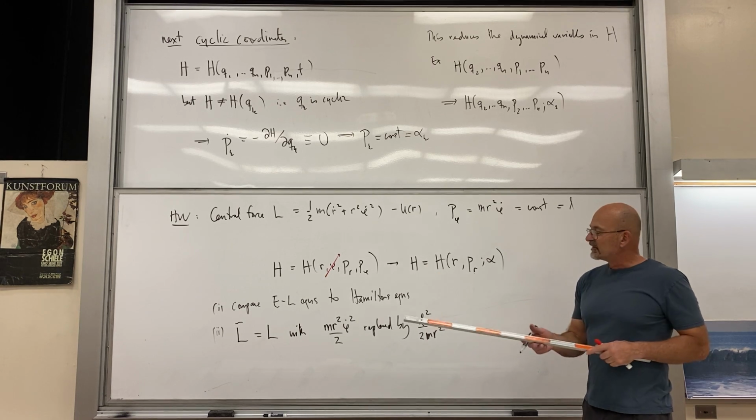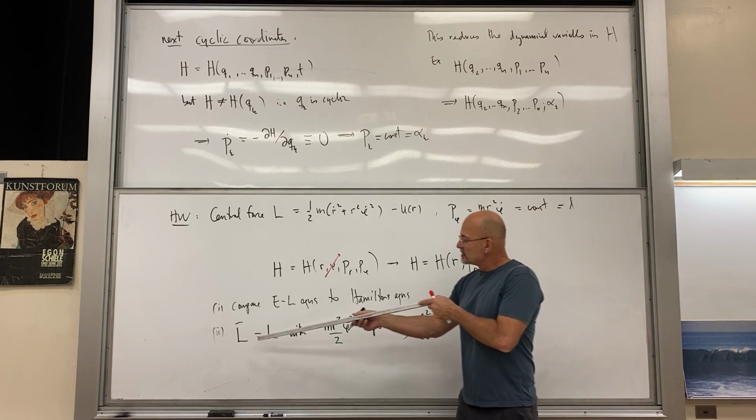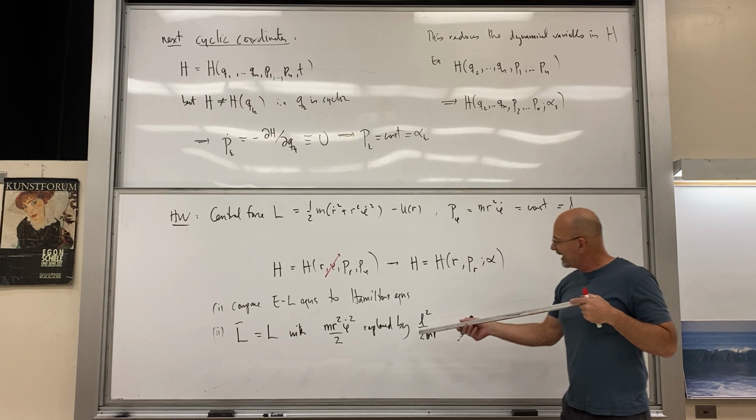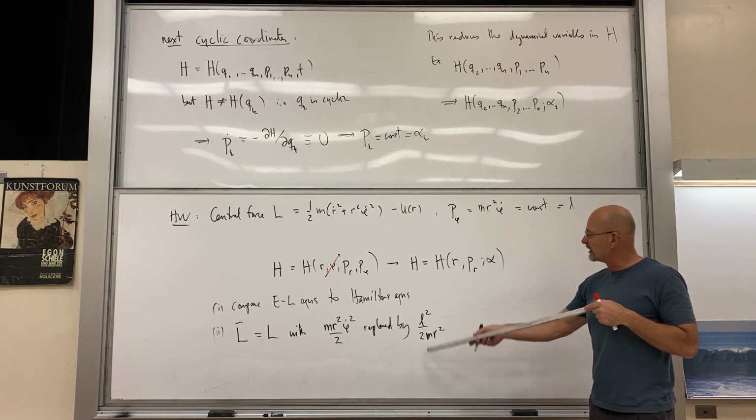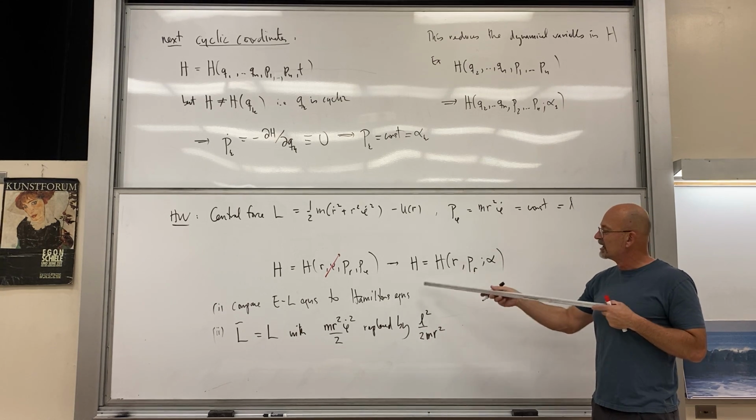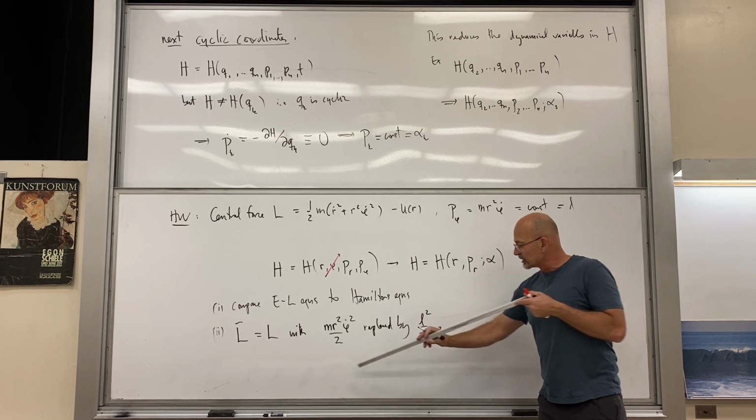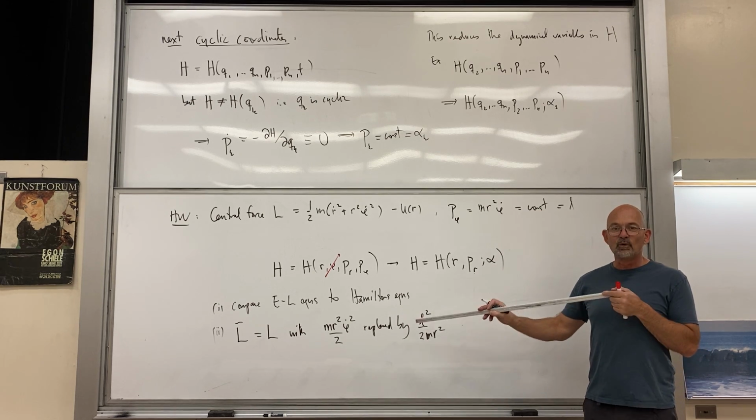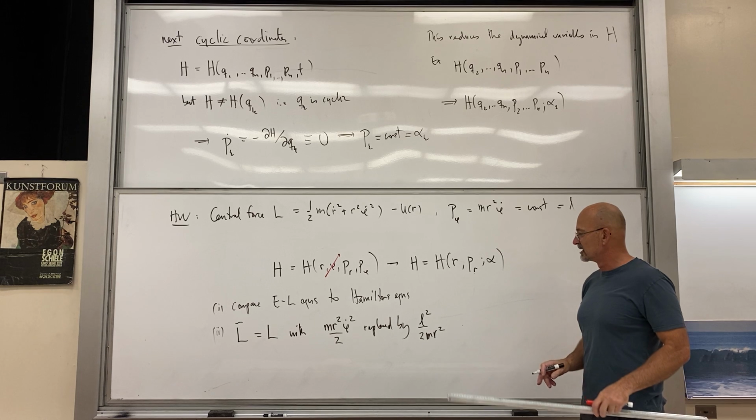So the point is that the Euler-Lagrange equation for L tilde, where we made this replacement, which is the same replacement we're making up in the Hamiltonian, is going to give us a wrong differential equation.